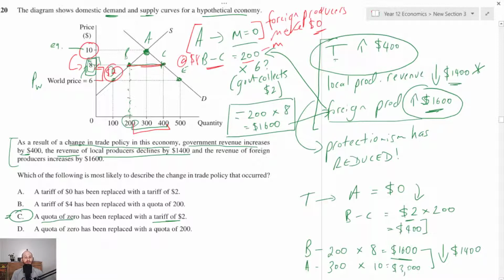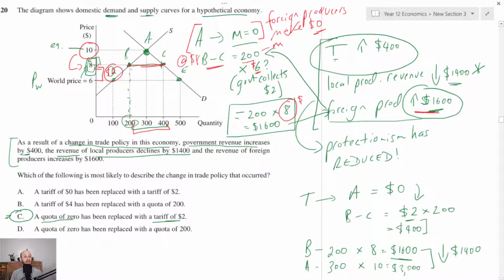Now, I think, and this is what I was saying before, I think that foreign producers sell at $6 because they sell at the world price and the government takes $2 off every sale. But what I think this question implies, if foreign producers have to increase their revenue by 1,600, that has to be $8 and not 6.